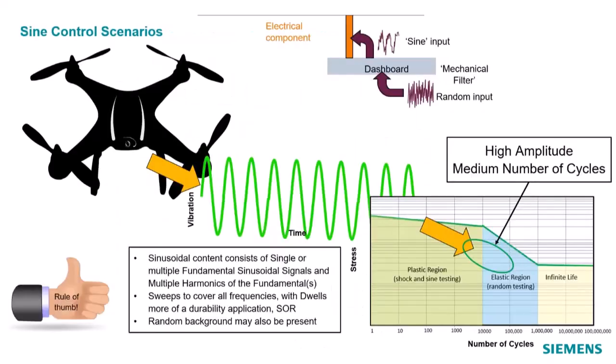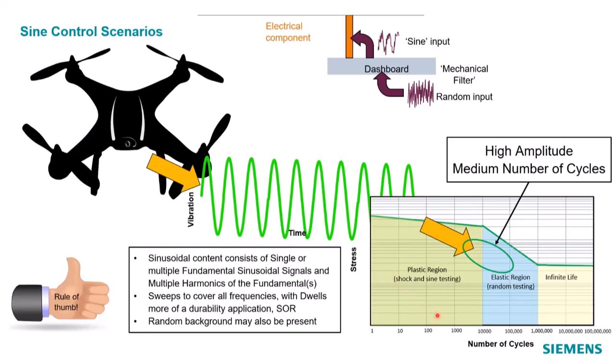Regarding vibration control, sine control, and the scenarios where it'd be most applicable, this is where the dominant type of signal is more sinusoidal in content. So let's say helicopters, rotating machinery type equipment, and the components associated with those structures, that's where you might consider sine vibration control.